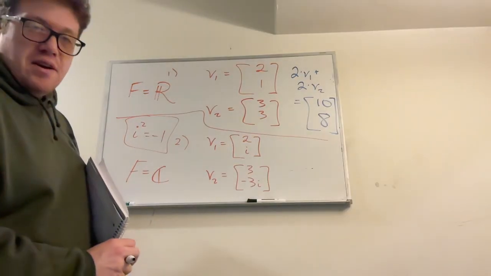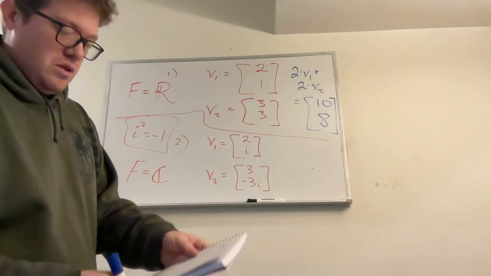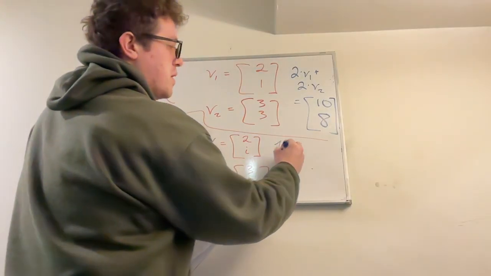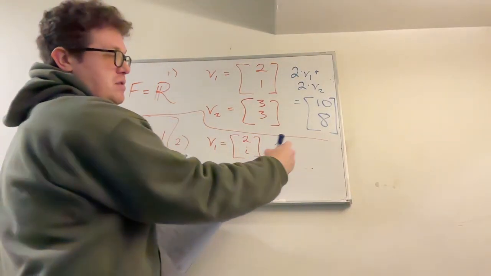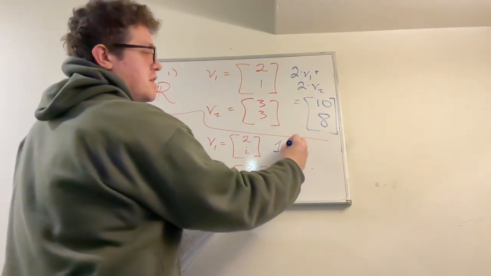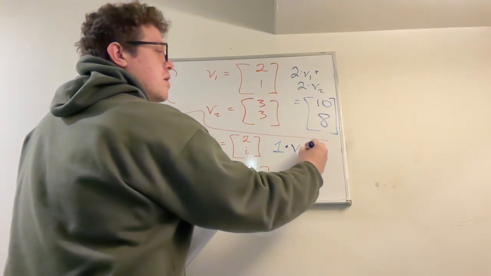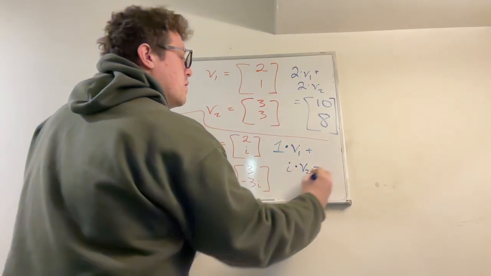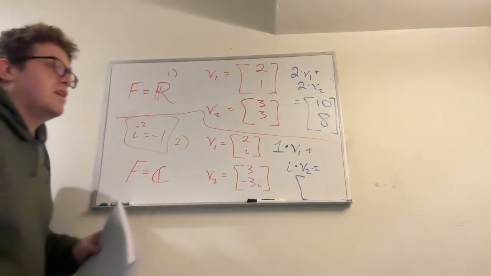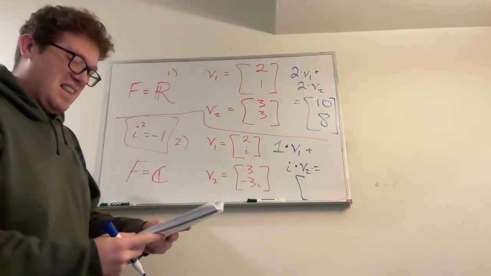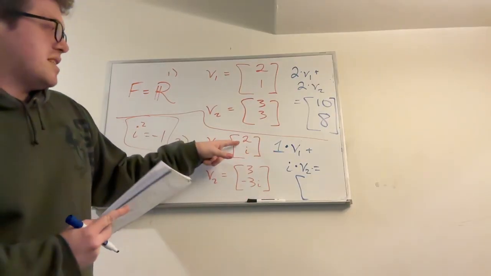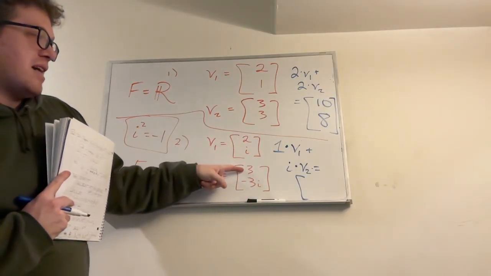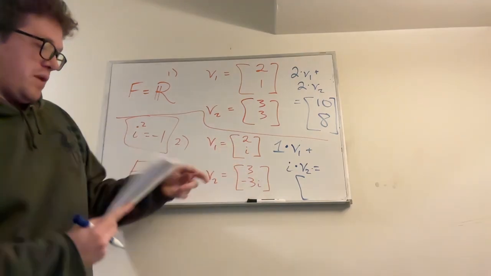So the one I wrote down in my notes was 1 times v1, which is allowed, we can just multiply by 1. That is some linear combination. So 1 times v1 plus i times v2. So the first entry is 1 times 2 plus i times 3, so 2 plus 3i.